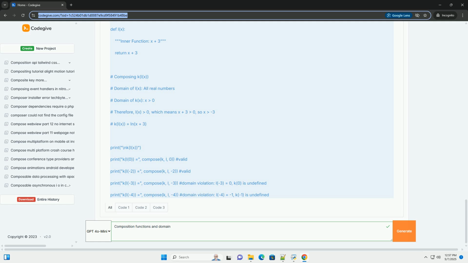Calculus: the chain rule for differentiation is based on function composition. Computer graphics: transformations in computer graphics (rotation, scaling, translation) are often implemented using matrix multiplication, which is a form of function composition.